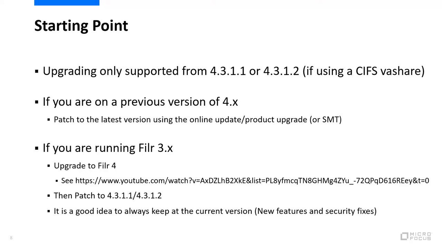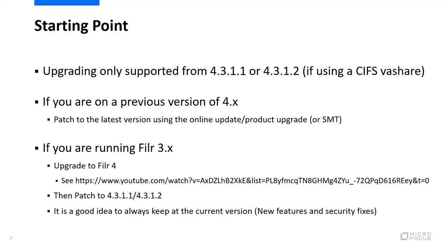Let's just go through some of the preparation that you need to think about before beginning your upgrade. First of all, upgrading is only supported from the latest versions of Filr. That's 4.3.1.1 or 4.3.1.2. That latter patch really is only if you're using a VA share that's based on CIFS. It just makes the upgrading a little bit easier.